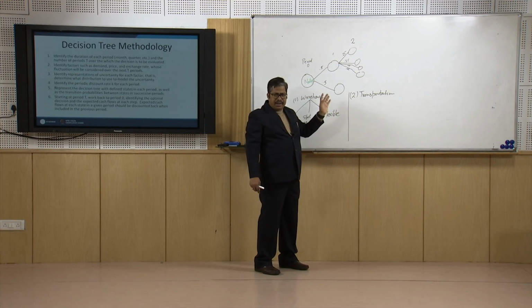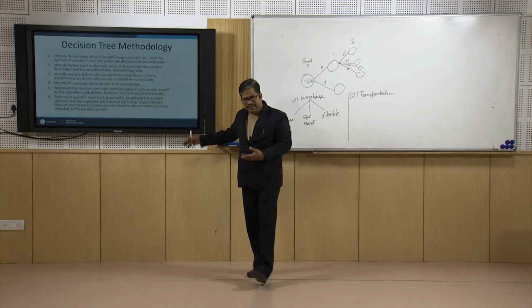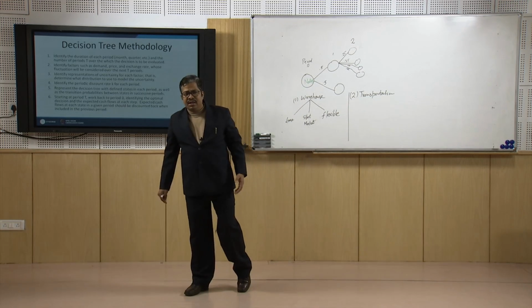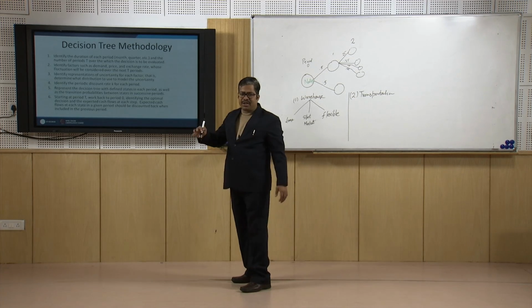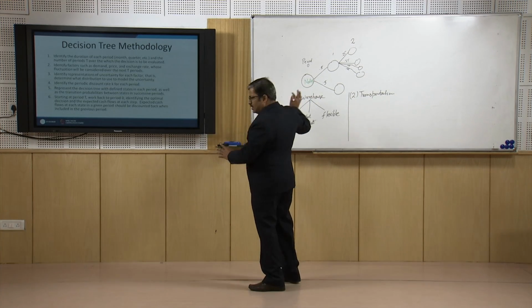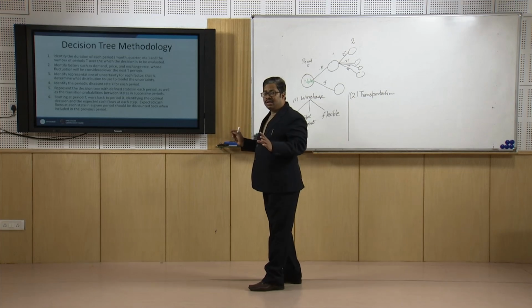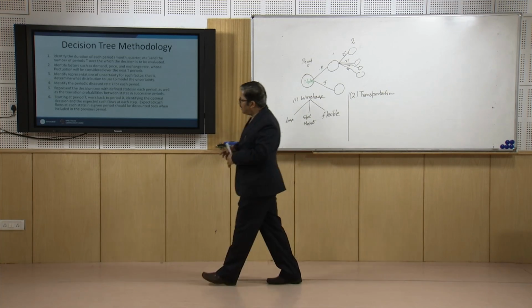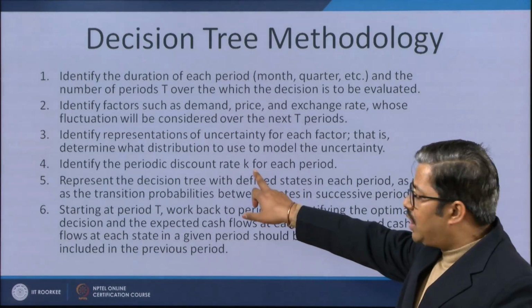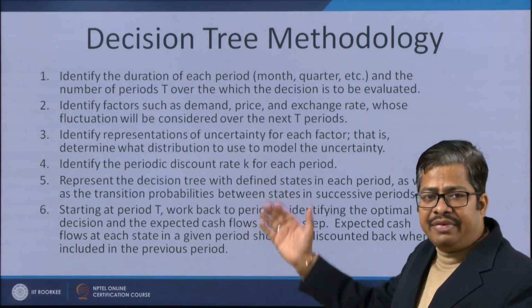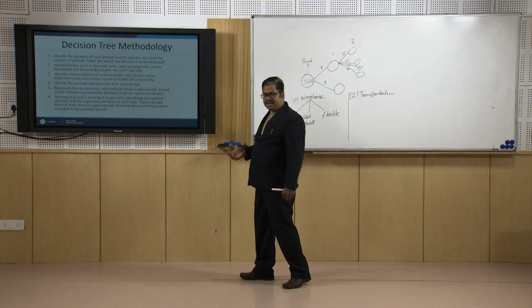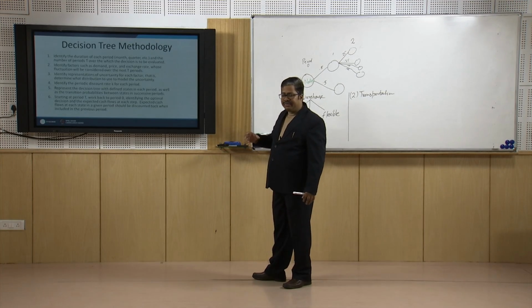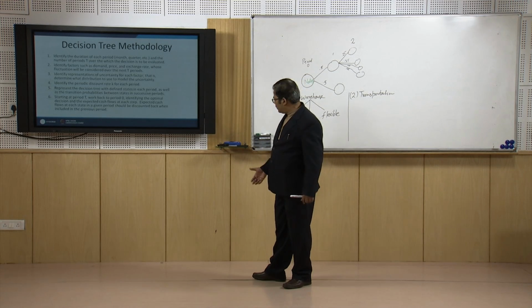In reality it is possible and may happen, but in our case, for understanding the uses of this method, we are taking a constant discount rate K for all the periods. But please be sure that in reality it can be K1, K2, K3 etc. for different time periods. You will see in our discussion how to handle variable discount rates, which is also possible.